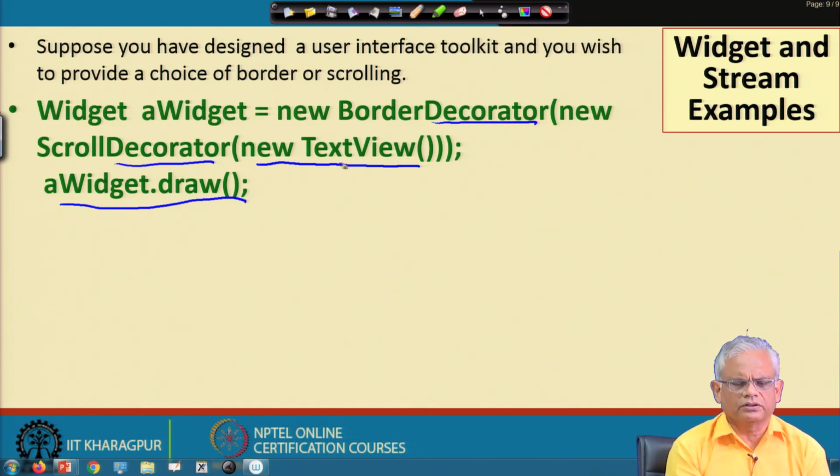The scroll decorator will pass that to the text view. Those aspects which they can handle themselves, they will not pass on. For example, scroll related, a widget.scroll or something like that, will be handled by the scroll decorator and not be forwarded to the text view. But otherwise, the border decorator will forward the request to the scroll decorator, which will in turn forward the request to the text view.